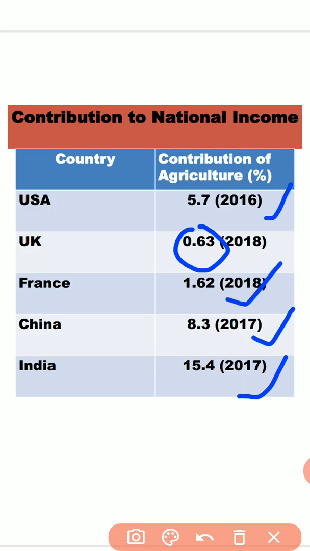So this way you can see again the contribution to national income in developed countries is less, whereas in developing countries the contribution of agriculture to the national income is more.